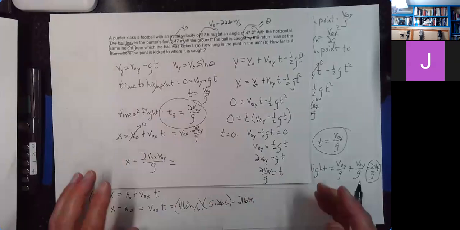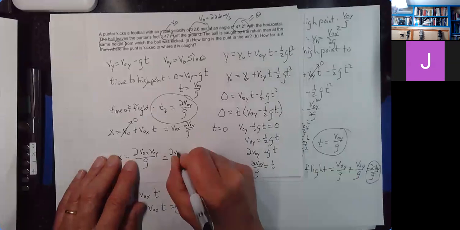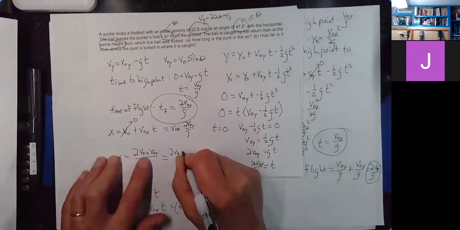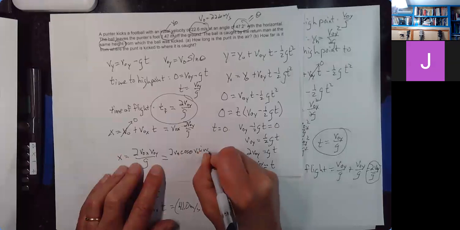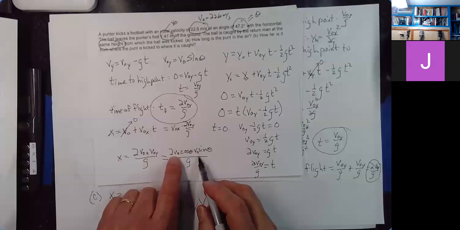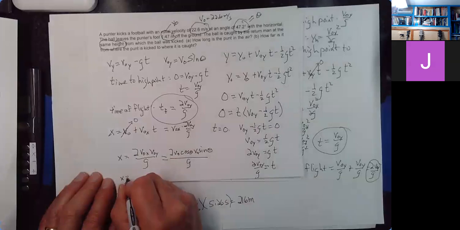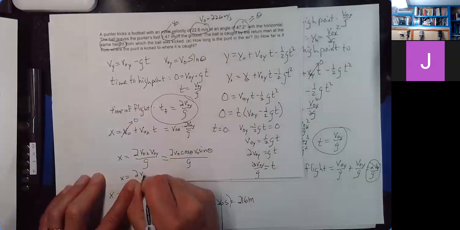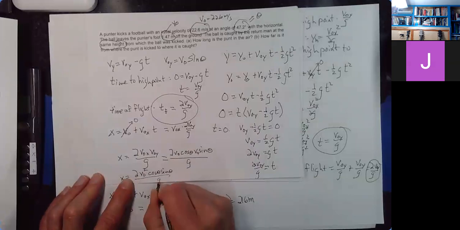So I would have 2 times v naught x, which is v naught cosine theta, times v naught y, which is v naught sine theta, and then I divide by g. I've got v naughts showing up twice. So x is equal to 2 v naught squared cos theta sine theta divided by g. And that's as far as I'm going to go.